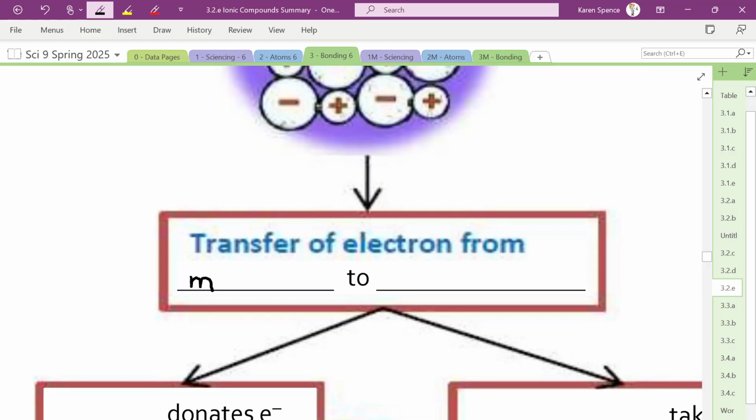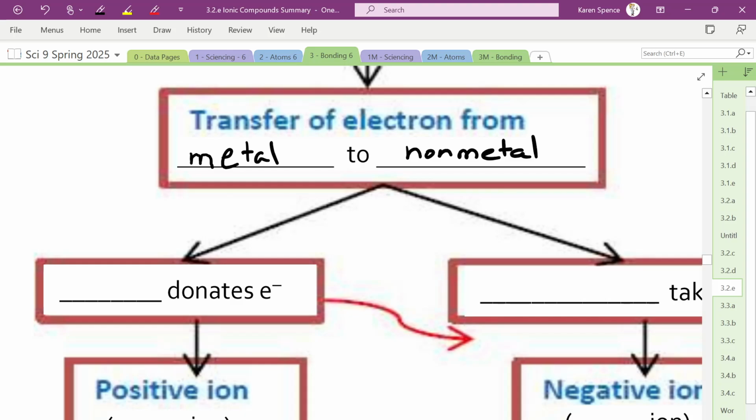Where does the electron come from? Where does the electron go to? Goes from the metal to the non-metal. So who is donating the electron? Metal. Who is taking the electron? Non-metal.